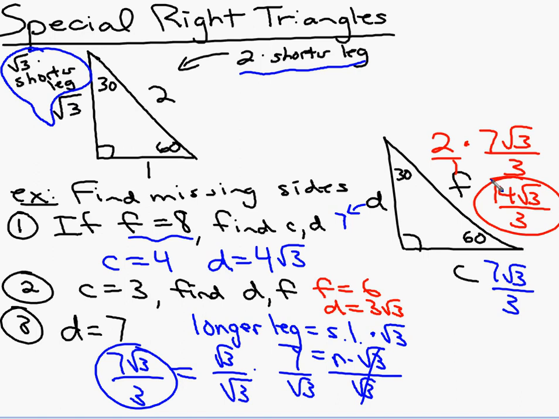So sometimes you have to work backward, and this statement right here is critical to getting that done correctly. All right, now let's talk about the other special right triangle. Actually, there are more than 2, but we're just going to work with these 2 today.